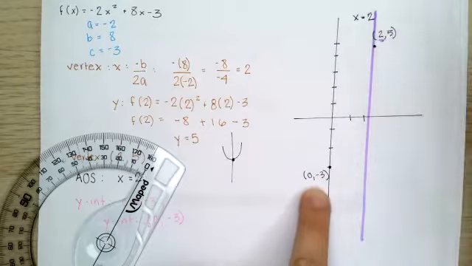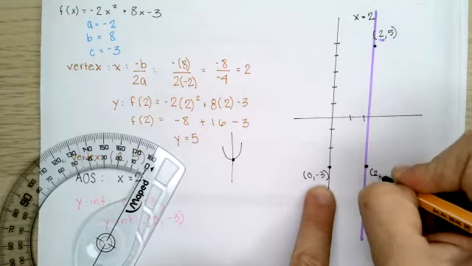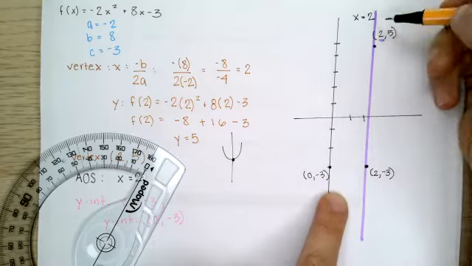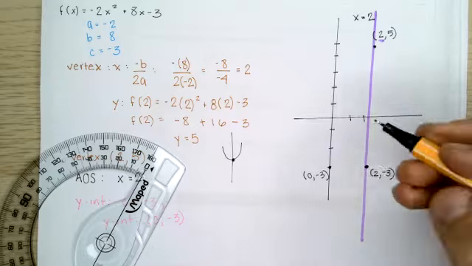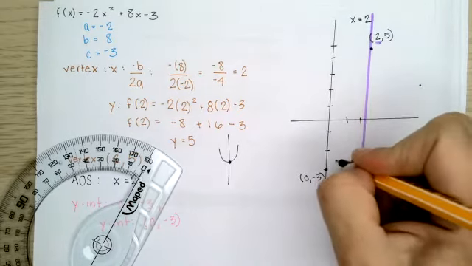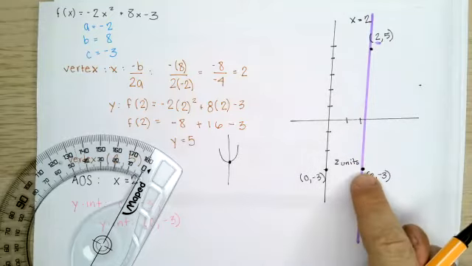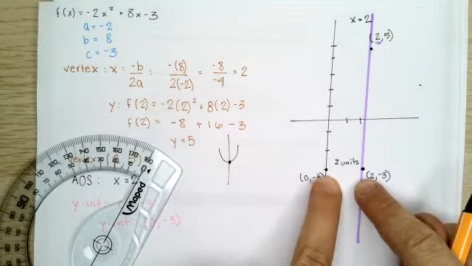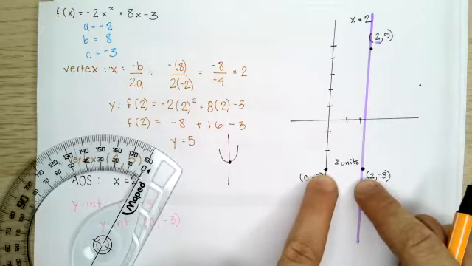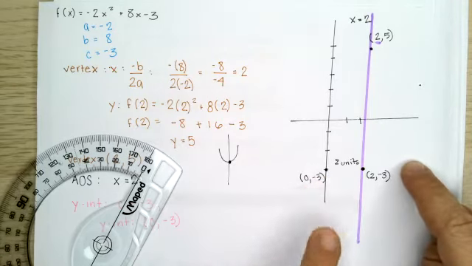So this is the point 2, negative 3, right? If it's on the line x equals 2 and it's even with 0, negative 3, right? So we know that this distance is 2 units. We know if it's a parabola, and that's the axis of symmetry for that parabola, and we went 2 units to the left and crossed the y-axis, that we're going to go 2 units to the right and find the other side of the parabola.